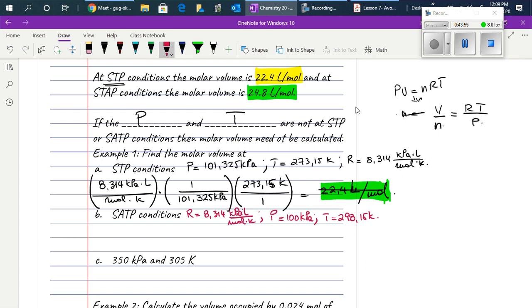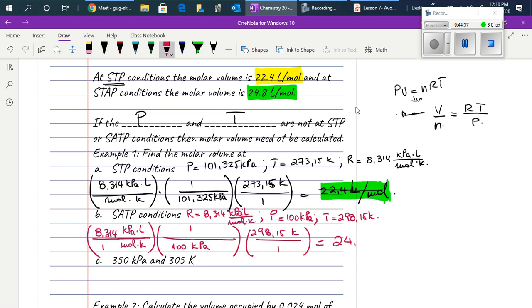And when we do the calculations, 8.314 over 1, and the units here will cancel out, but let's write them again, times 1 over 100 kPa, and 298.15 K over 1, then we will have a value of 24.8 liters per mole, which is the molar volume at SATP conditions.